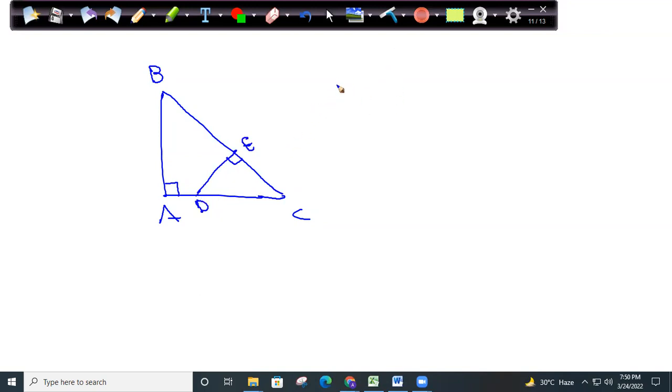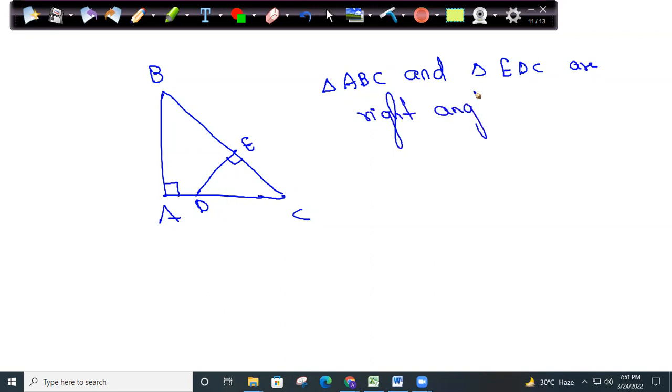In the given figure, triangle ABC and triangle EDC are right angle triangles. Definitely we know they are right angle triangles.